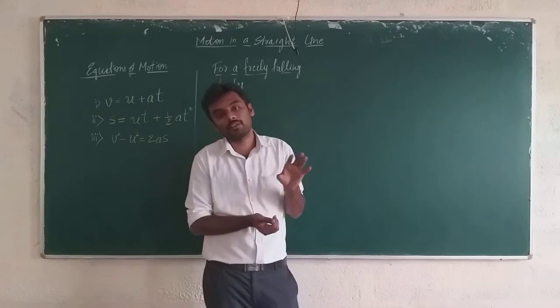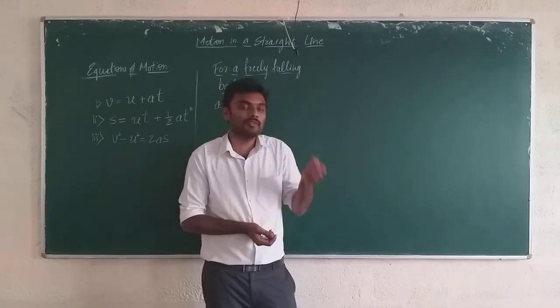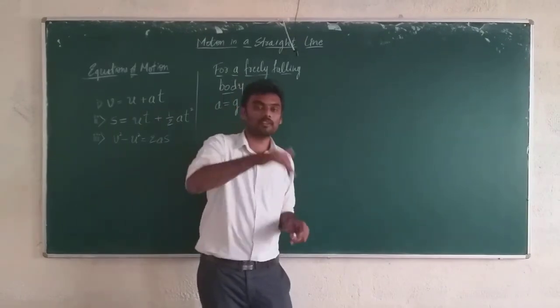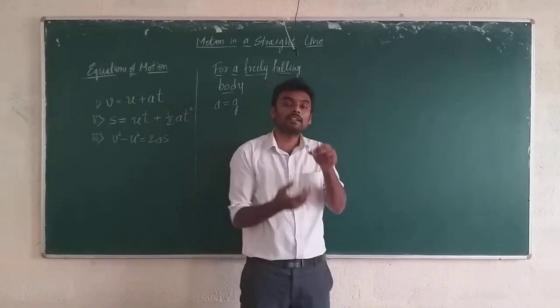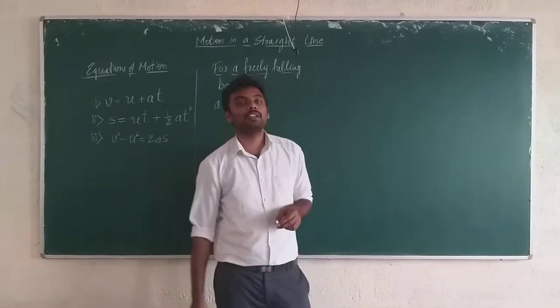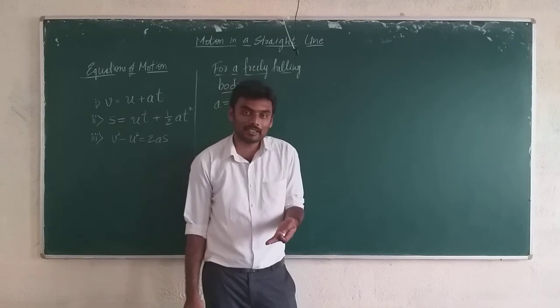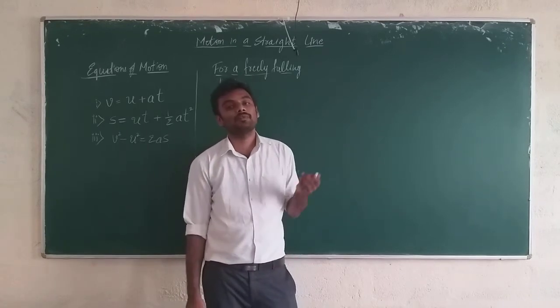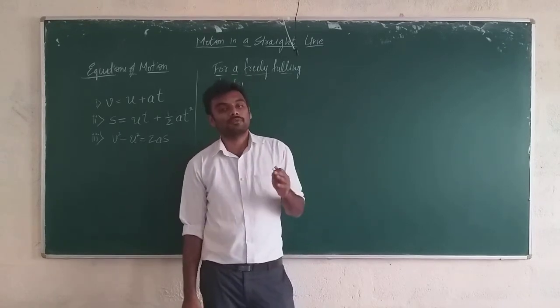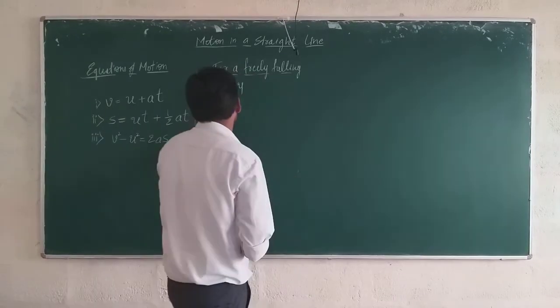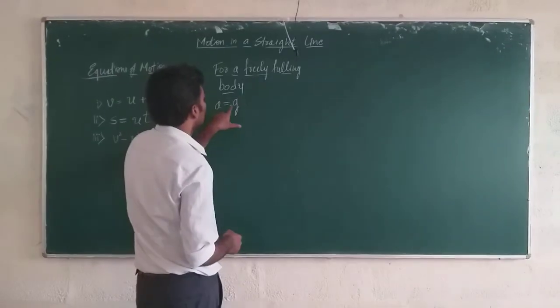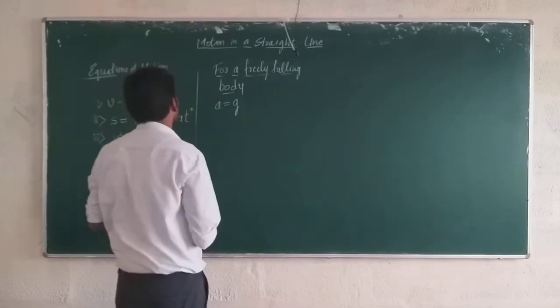There is no engine making the body go faster and faster downwards. Here it is the earth which is pulling it downwards, with the acceleration due to gravity. So a is equal to g for a freely falling body.